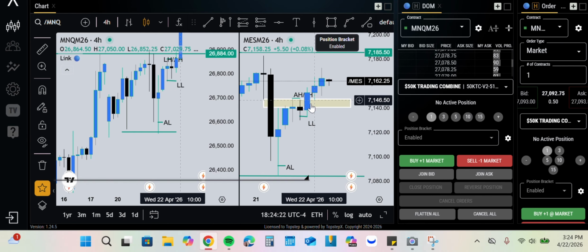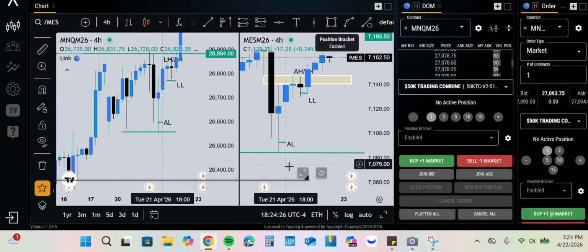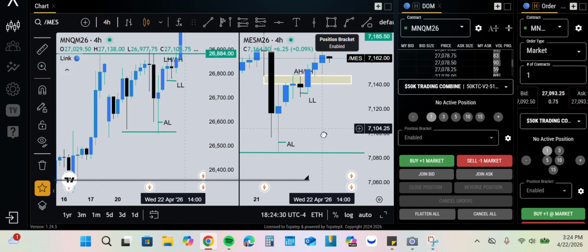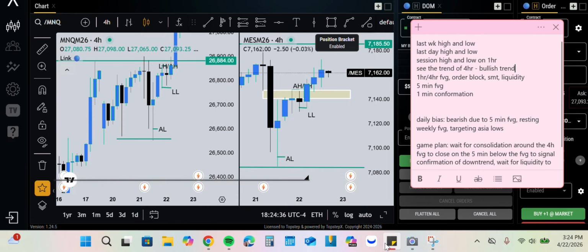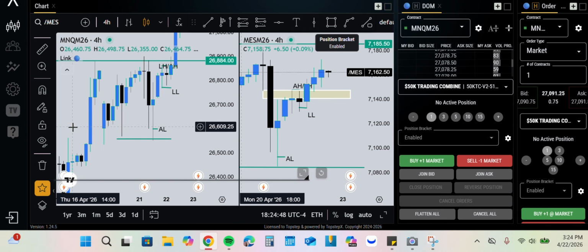If market went below this, I would then form a bearish trend and go to Asia lows. But obviously that didn't happen, and I'll discuss that in a minute. So I didn't have any order blocks. I really didn't have any SMTs that I found or saw, but I did have a point of liquidity, and that point of liquidity was at Asia low for both MES and MNQ.